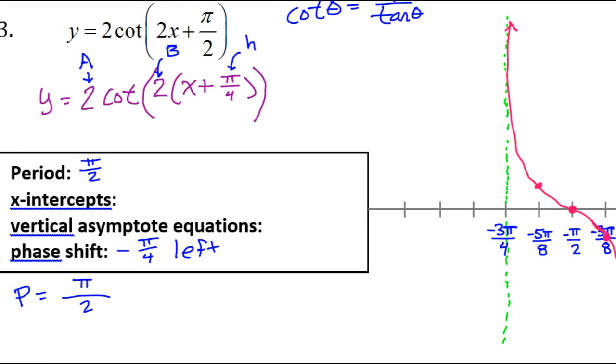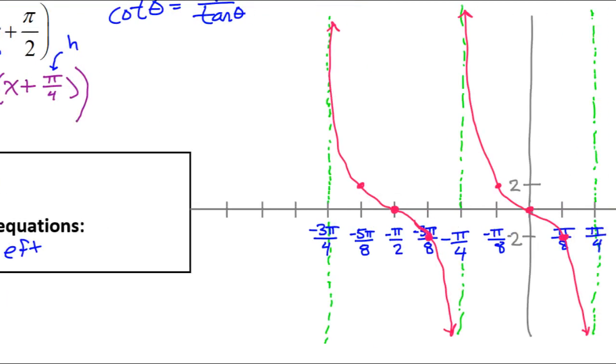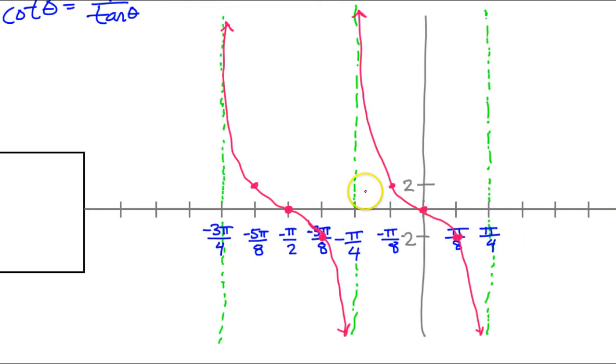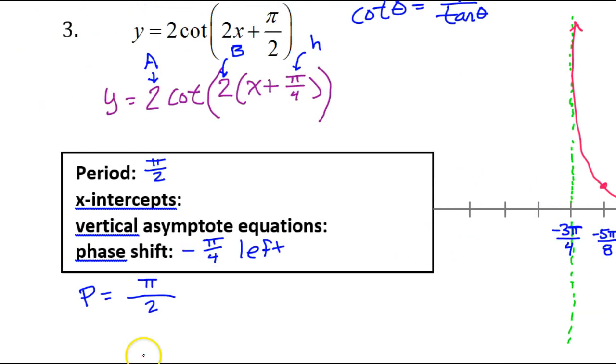Okay, let's talk about X-intercepts. Alright, notice that this is 2 periods, okay? So the X-intercepts only happen once per period. So one of them is at 0. So I'm just going to use that one as kind of my starting number.